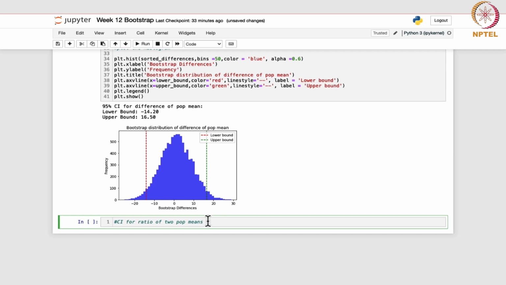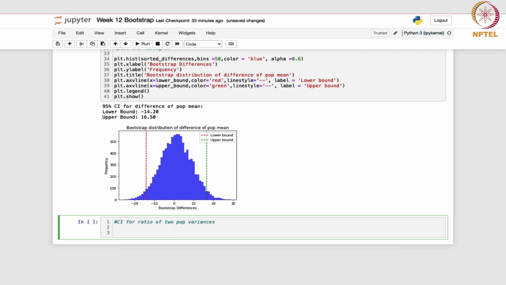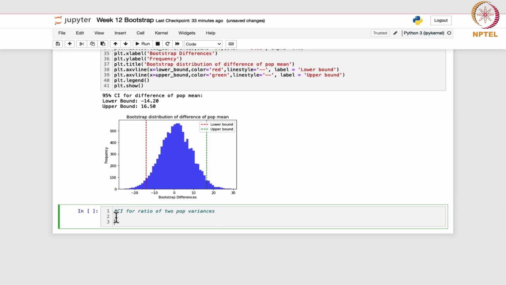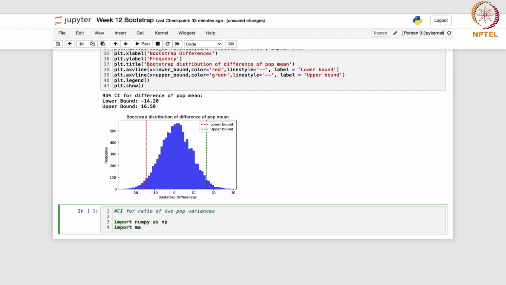We have seen earlier that if you have two normal populations and from there you draw the random samples, how you can find the confidence interval for the ratio of the two population variances. So here also we are going to do the same thing. The major difference over here is that we do not assume that the two populations are normally distributed. So we will be importing numpy as NP, and we will also import matplotlib as PLT.